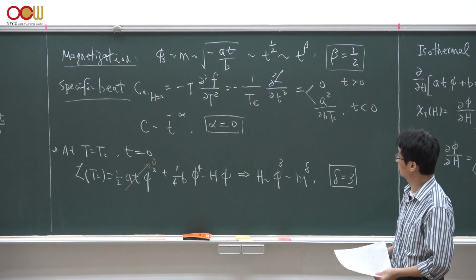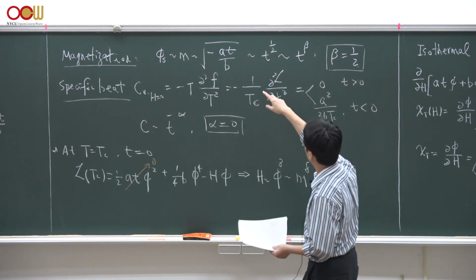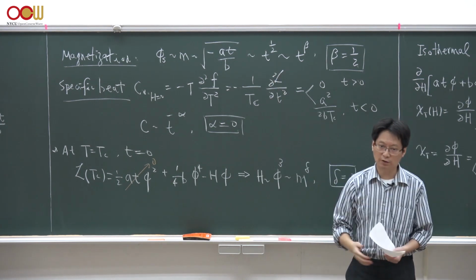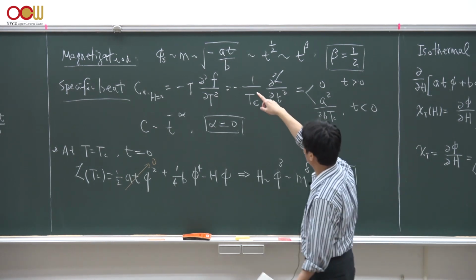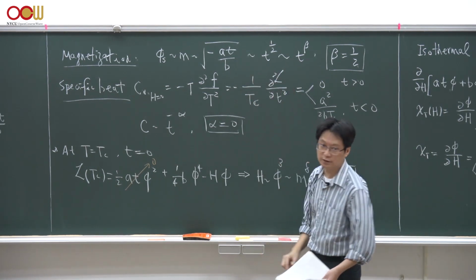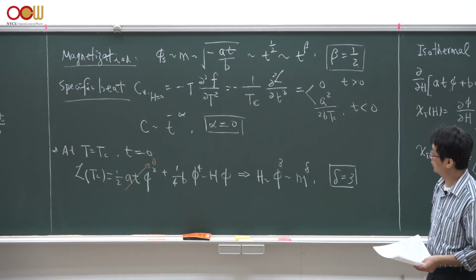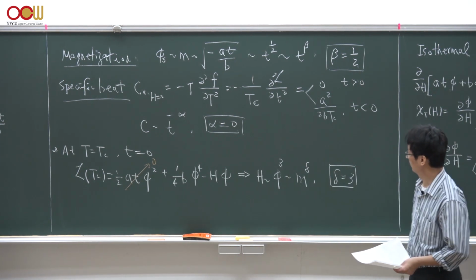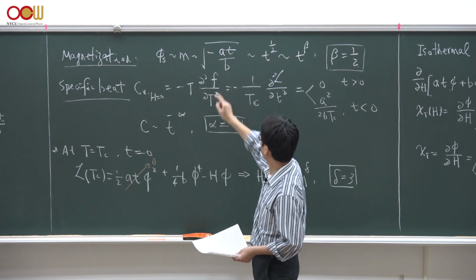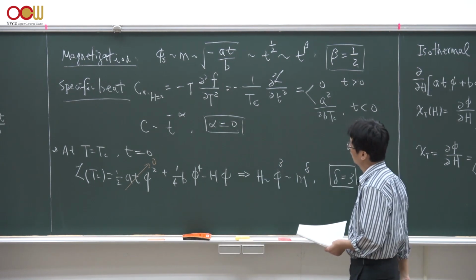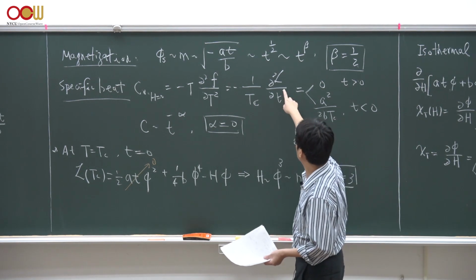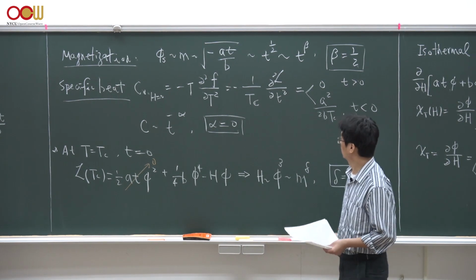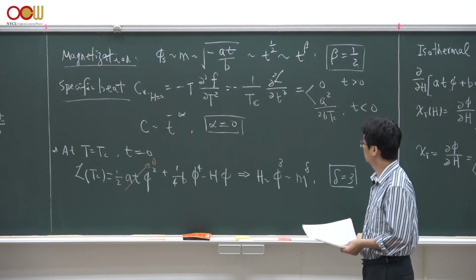So first of all, the magnetization is a function of little t to some power with the exponent beta, and we know very well that this is a square root behavior, and therefore beta is 1/2. And the second quantity is the specific heat, which is the second derivative of the free energy with respect to temperature multiplied by temperature. In this case, it is the second derivative of Landau's free energy density with respect to little t, divided by Tc.